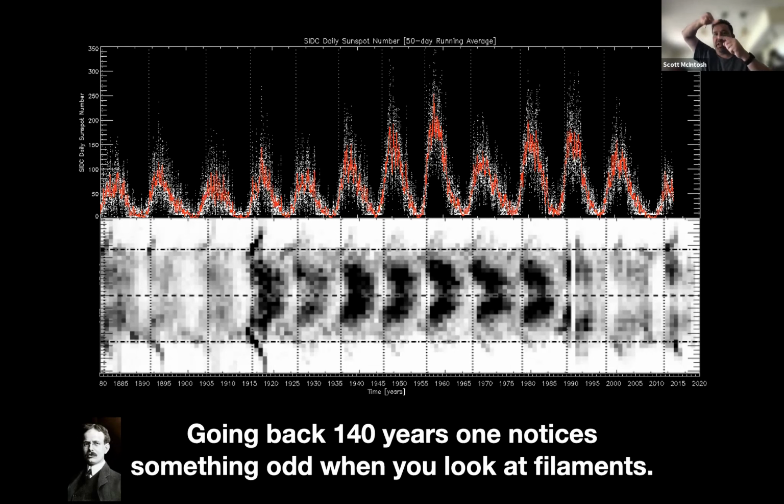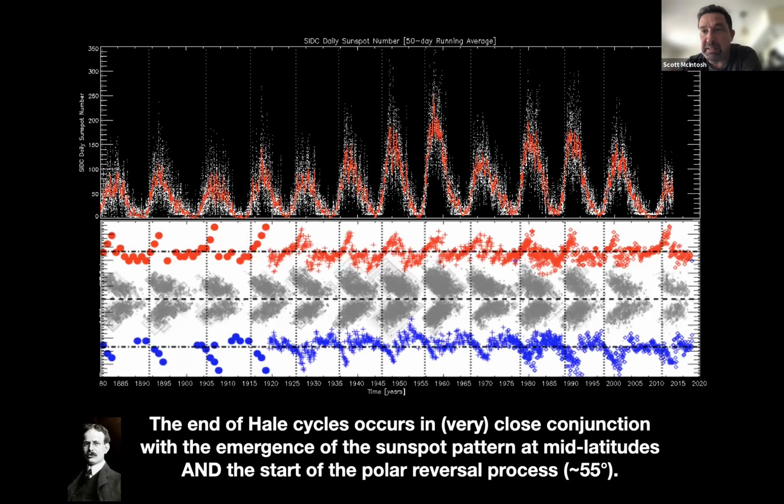Basically the neutral line that goes up and reverses the polar magnetic field starts at a given point in time. As that neutral line marches towards the sun's poles, it forms a filament or a prominence, and you can track it. And if I only plot the highest latitude filaments in the system and the butterfly diagram, you can now start to see how things work together.